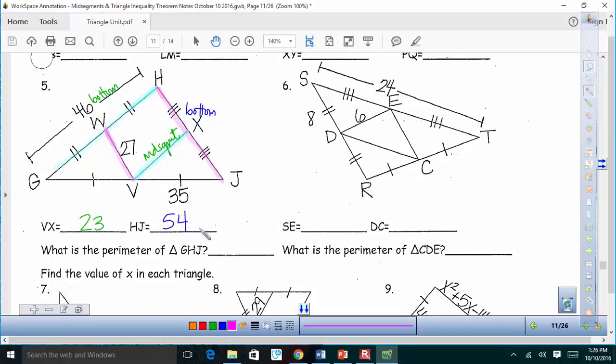Now, the last thing that they asked me is the perimeter of triangle GHJ. So GHJ is this big triangle. I know this piece is 46, this piece is 54, and part of this piece is 35. What would this other part be right here? How do you know that?